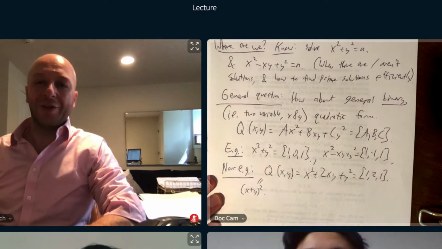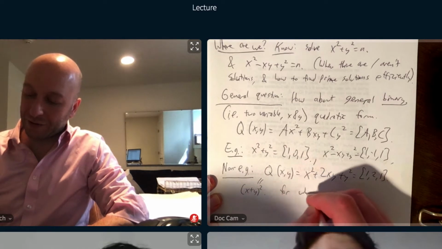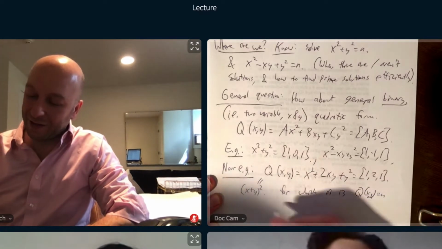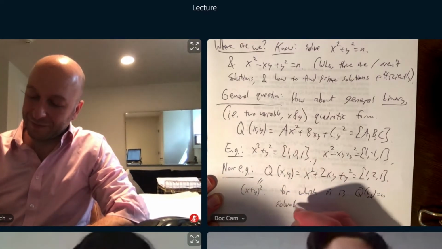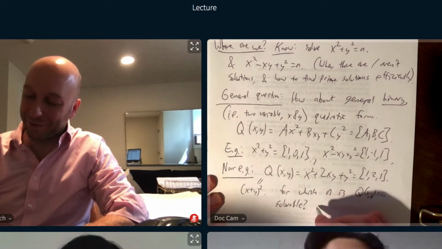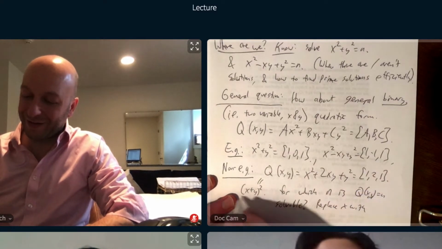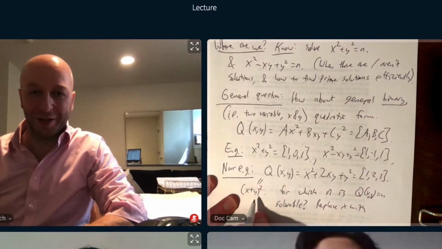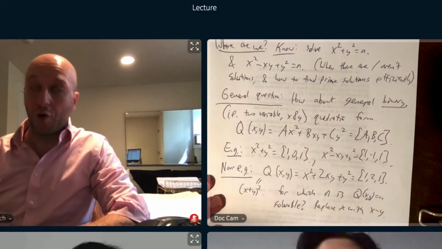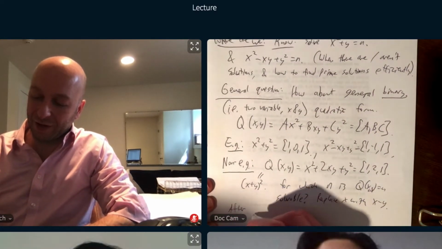So in fact, what values will this quadratic form take? For which n is Q of x, y equal to n solvable? Exactly. Replace x with, I guess, x minus y or something, and leave y alone. So this is equivalent after a change of variables.